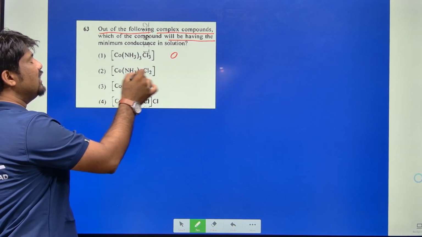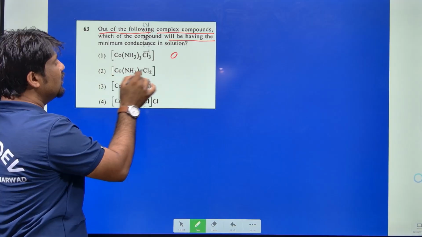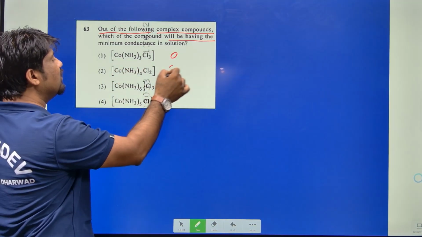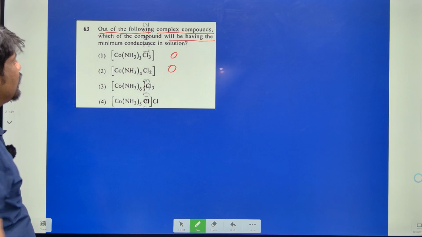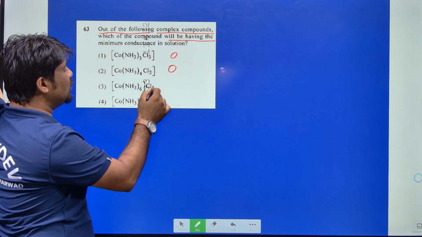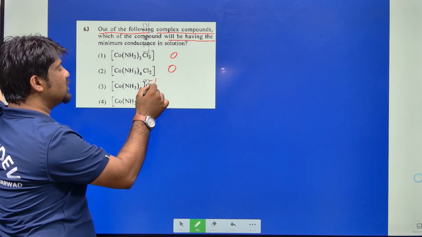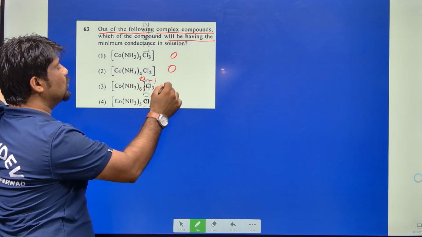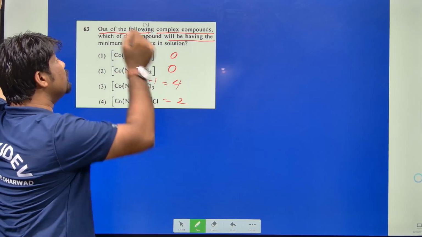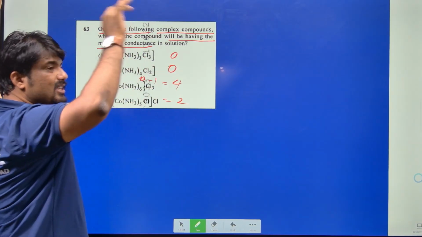In the second option also, all the atoms and ions are present within the coordination sphere, so here also it does not undergo ionization. Here also the number of ions is 0. In this one, Co(NH3)6 Cl3, Cl is minus 1 and the complex is plus 3, so totally it becomes 4 ions, and the other totally becomes 2 ions. Minimum conductance means it should have fewer ions.